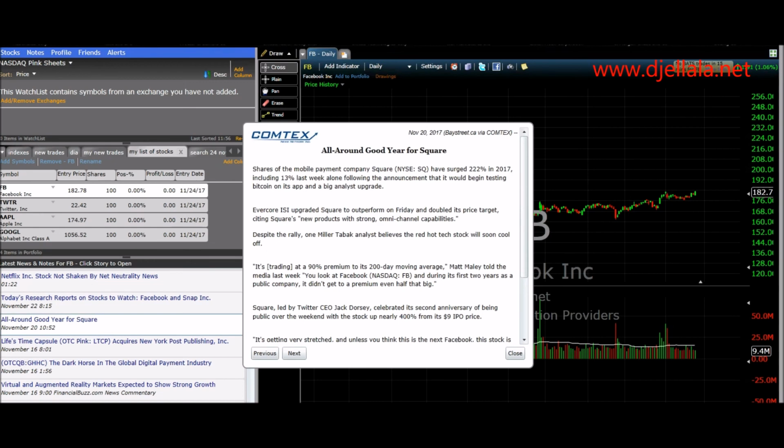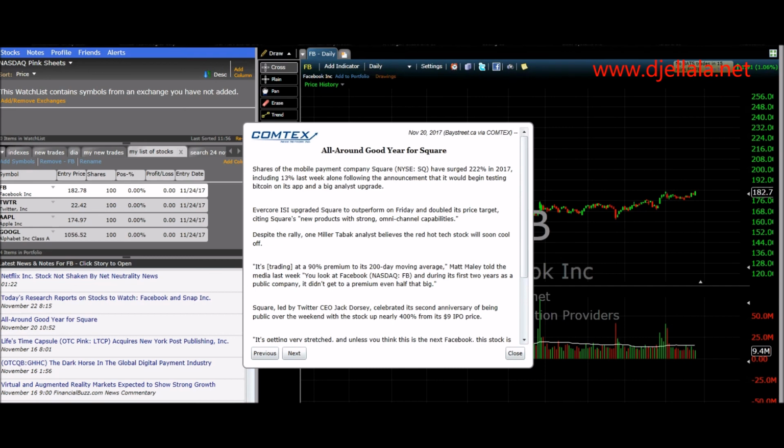You click the news here, and it gives you an article: all around good year for Square. Square, as you might know, is a company we do transactions with, and anyone can use this Square.